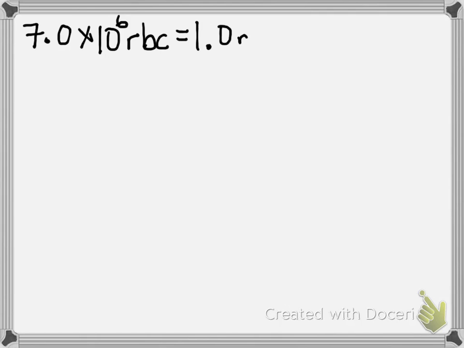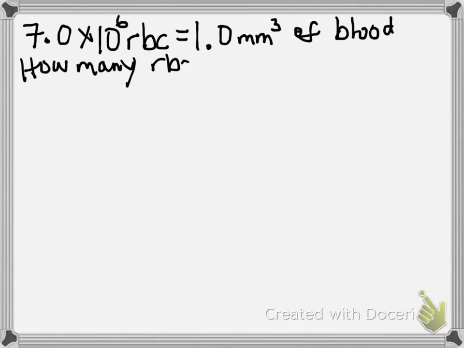Our second problem says that there are 7.0 times 10 to the sixth red blood cells in 1 millimeter cubed of blood. So our question is, how many red blood cells are in 1 liter of blood?